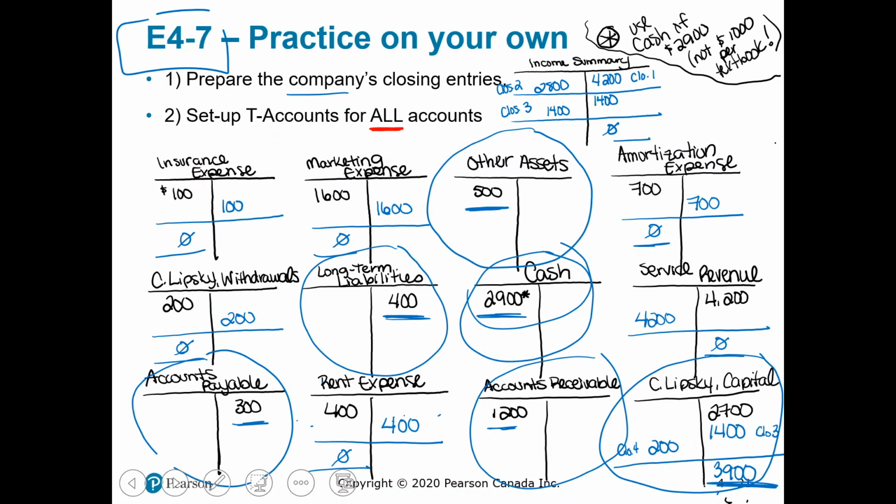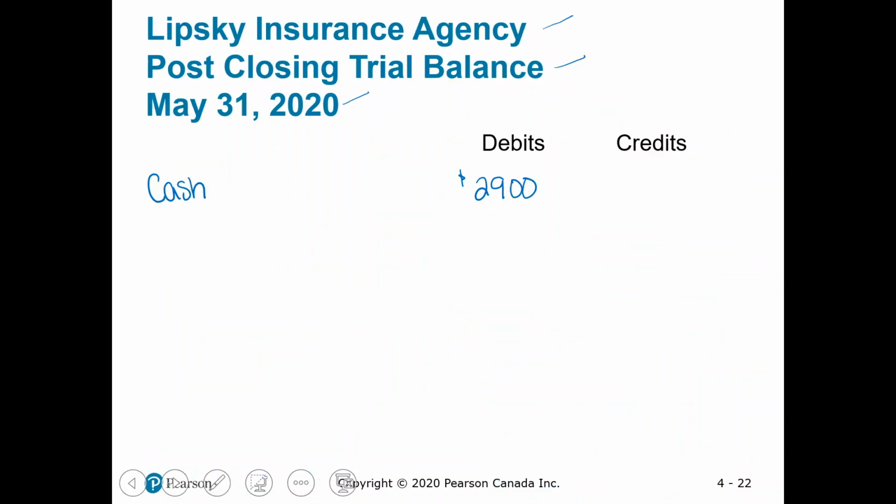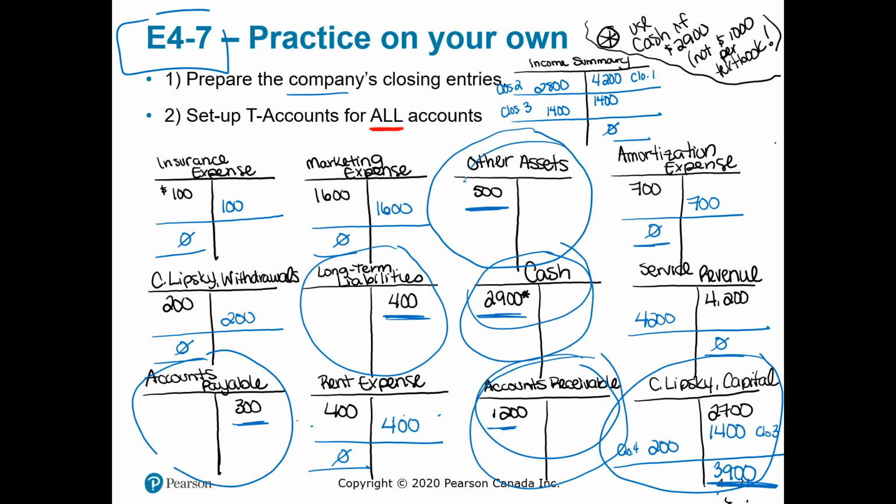The next one that we can see as our asset is AR. So we'll post that, or not post it, but move it over. Accounts receivable, and it was $1,200. And then we also had these other assets of $500.